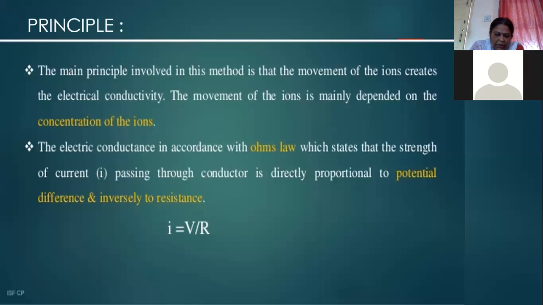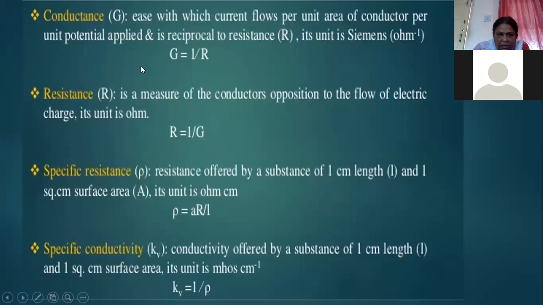So everything follows Ohm's law. So conductance is the ease with which current flows per unit area of conductor per unit potential applied, and it is the reciprocal of resistance.